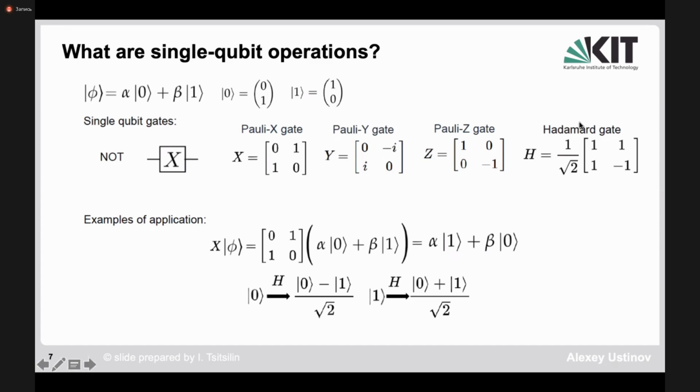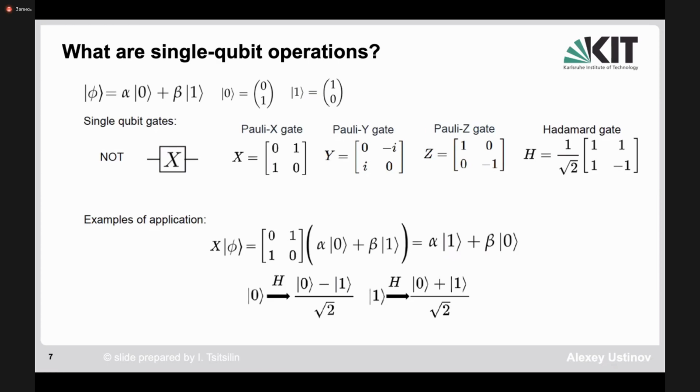The popular gate for qubits is the so-called Hadamard gate, which is this one, which can be applied to an arbitrary state, and then it basically swaps the coefficients in front of 0 and 1. If you apply it to the 0 state, it rotates to a superposition of 0 and 1, and if you apply it to a superposition state, it rotates to one of the eigenstates.